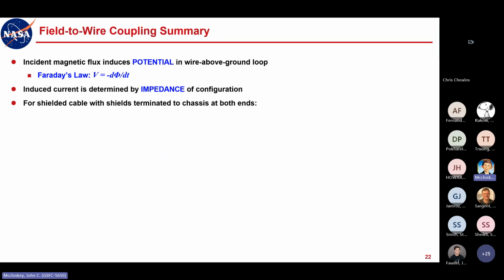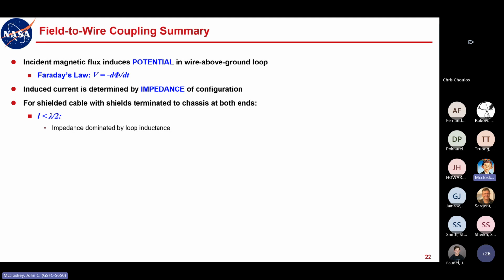So for a shielded cable with the shields terminated to chassis at both ends, for the electrically short case, where in this case we'll say that's L less than a half wavelength, the impedance is going to be dominated by the loop inductance. With the shield terminated to chassis at both ends, from a resistive standpoint, ideally that's zero resistance.